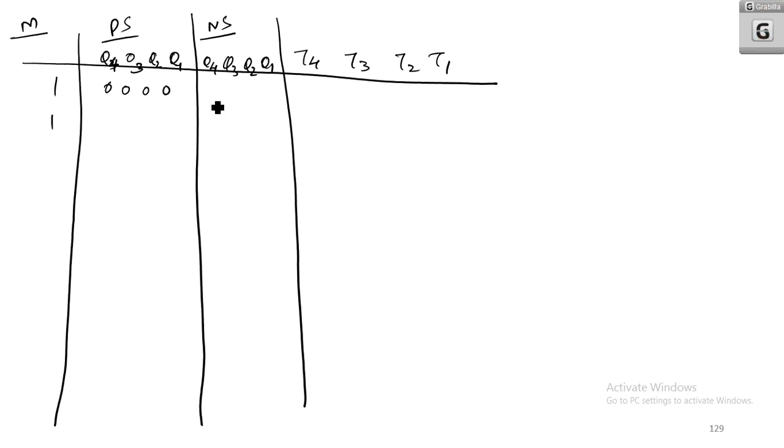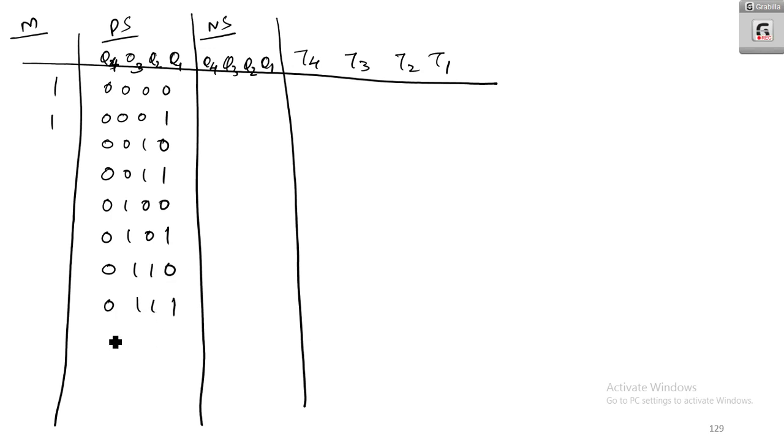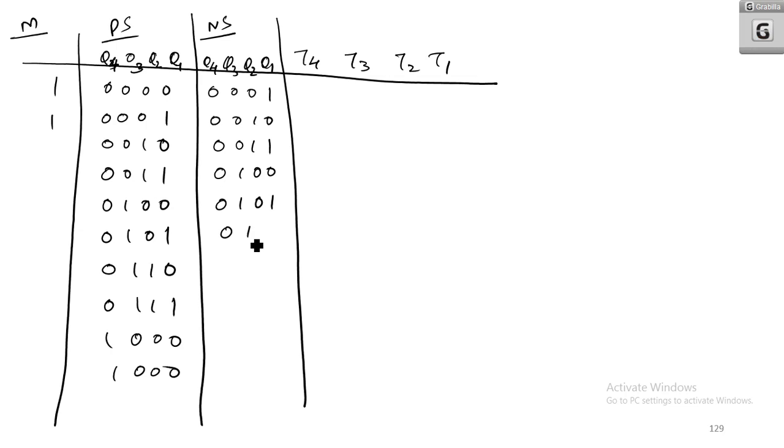So up count means 0, 0, 0, 0, then 1, 2, 3, 4, 5, 6, 7, 8, and 9. Okay. 0 0 0 1, then 2, 3, 4 that is 0, 1, 0, 0. 0, 1, 0, 1 means it is 5. 6 is 0, 1, 1, 0.